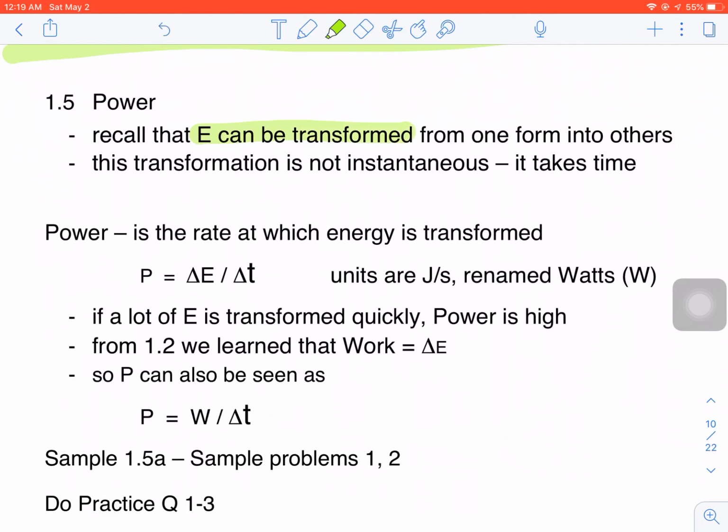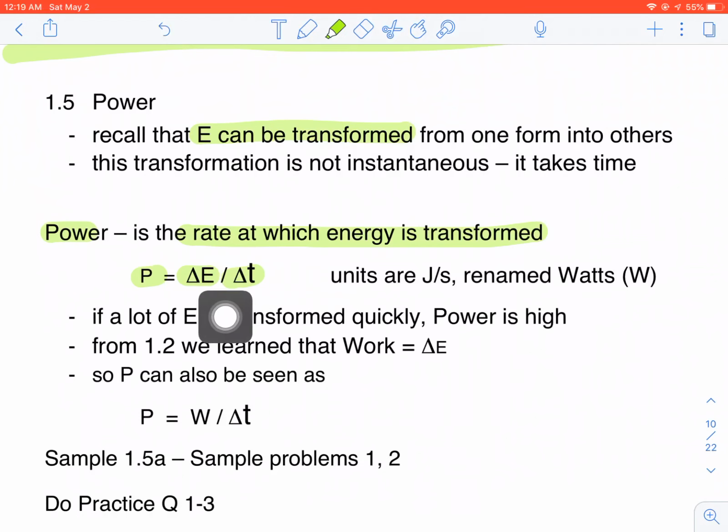So our definition for power is how fast energy is being transformed. In other words, take the energy transformation and divide it by the time, and that gives me the power that has been used. Now, because energy is measured in joules and time is measured in seconds, the units here are joules per second of energy transformation.